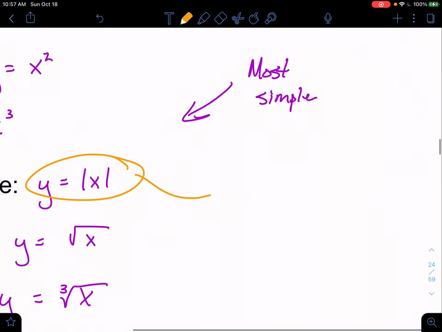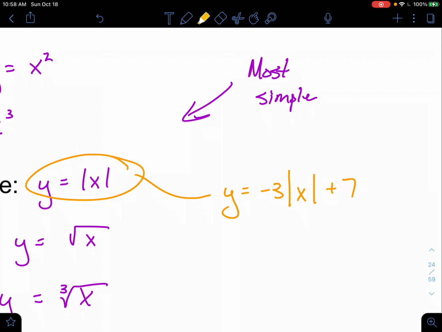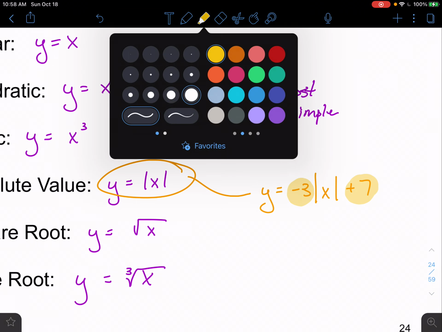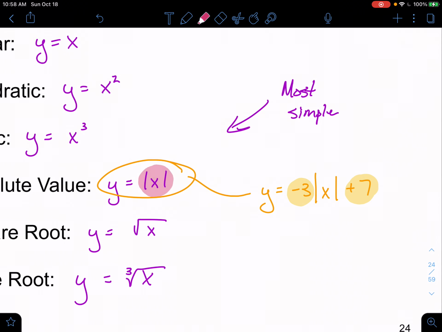We'll say, okay, let's put a -3 in front of the absolute value and let's add 7 to the back, and then let's see what happens with that. The -3 and the 7 are going to change what your graph looks like slightly, but it's going to have the overall same characteristics of what the parent function looks like.